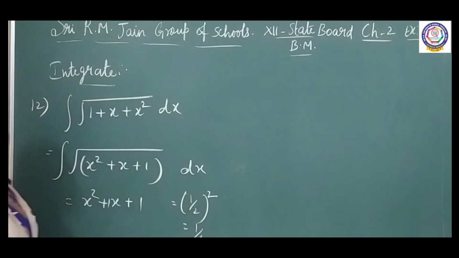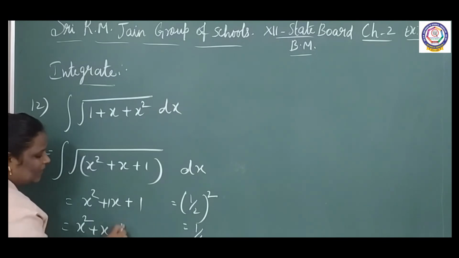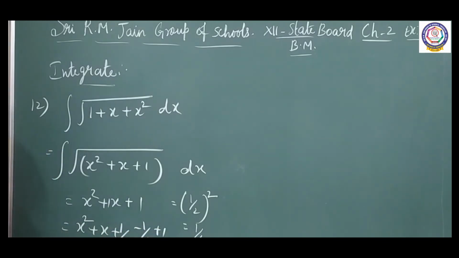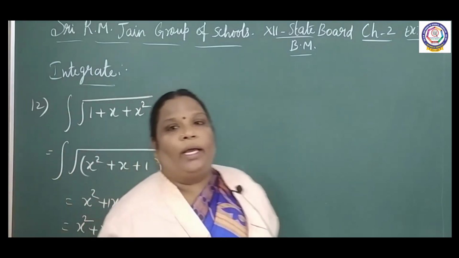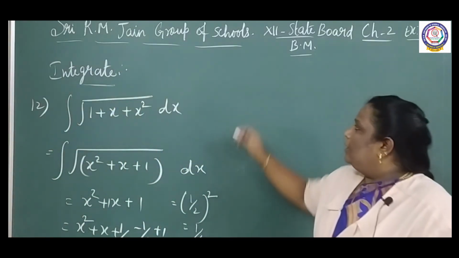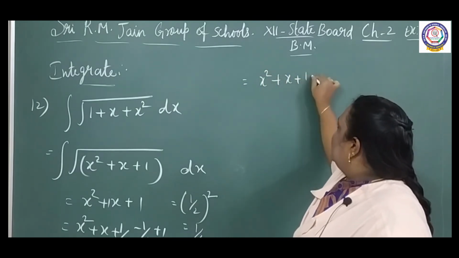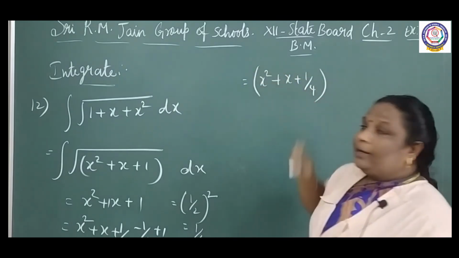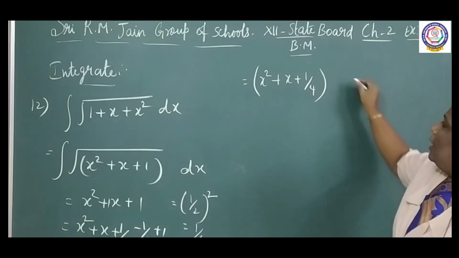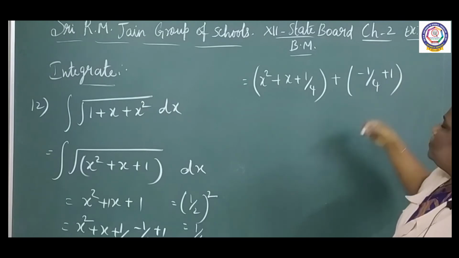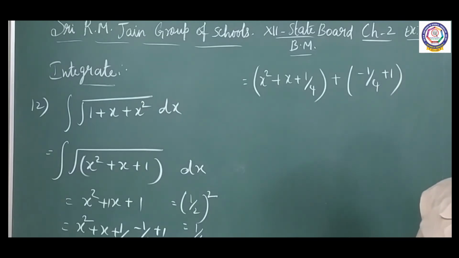1 by 4. So it gives x square plus x plus 1 by 4 minus 1 by 4 plus 1. So it gives x square plus x plus 1 by 4, you make it like this, plus minus 1 by 4 plus 1.